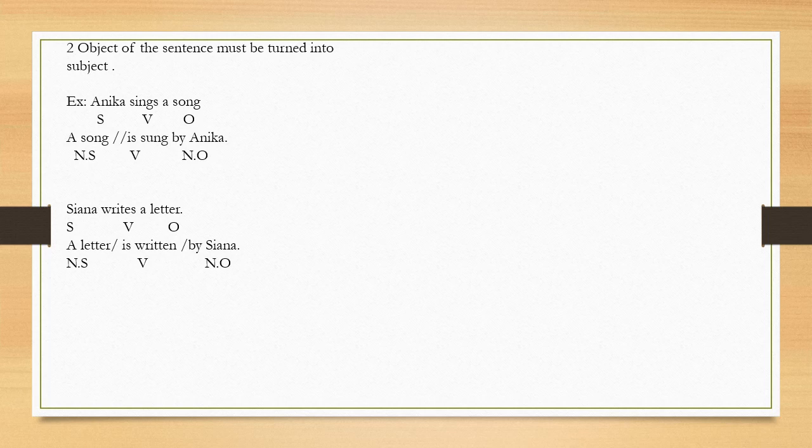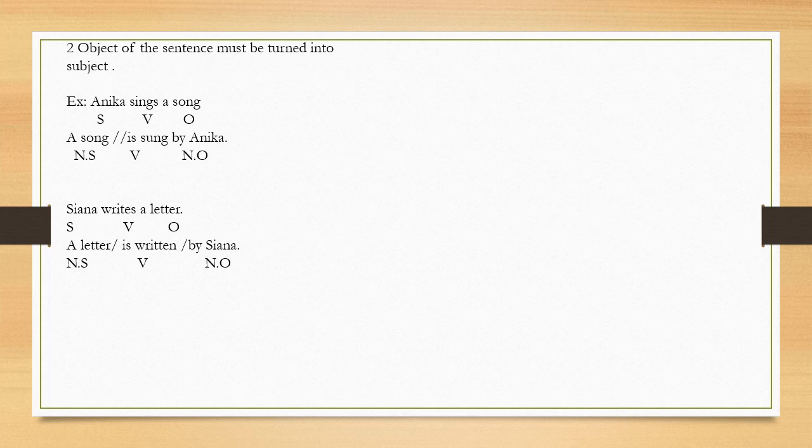Now the second thing is that the object of the sentence must be turned into the subject. Let's take the example of the sentence. First, Annika sings a song. Now we divided the sentence into subject, verb, object. So the second rule is, you change the object into the new subject. Tell me the object. A song. Now make it a new subject. A song became the new subject.